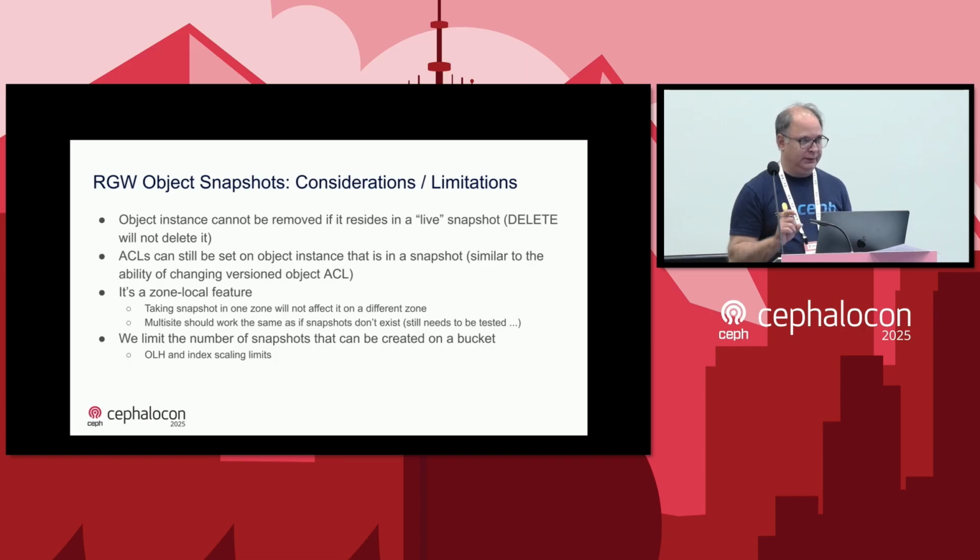Also, we have a configurable that limits the number of snapshots that can be created on a bucket, and the default should be a few hundred at this point. The reason is that, because of OLH and index scaling, right now we keep it in a trivial encoding on the objects, and you don't really want to surpass that.